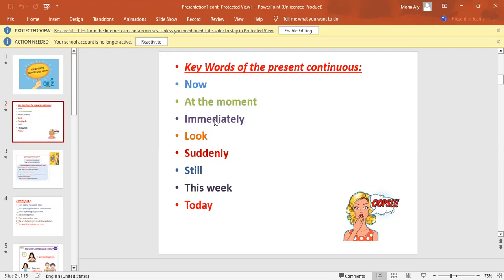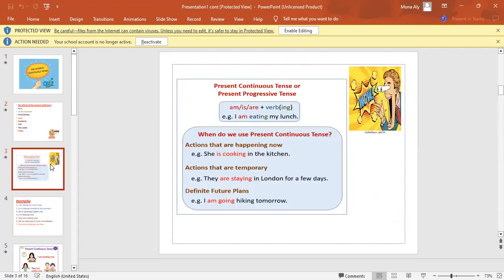Okay? So let's revise the rule of the present continuous. He, she, it. We put what? Is plus verb ing. With I, I put what? We put verb to be after the subject.